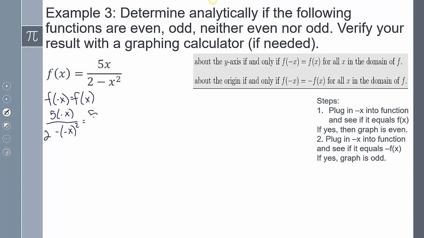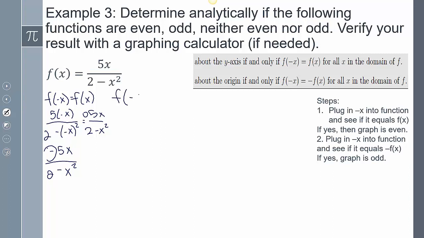Does that equal 5x over 2 minus x squared? So now simplifying this, I get negative 5x over 2 minus x squared. And so because this one has a negative, this one doesn't, it's not going to be even.